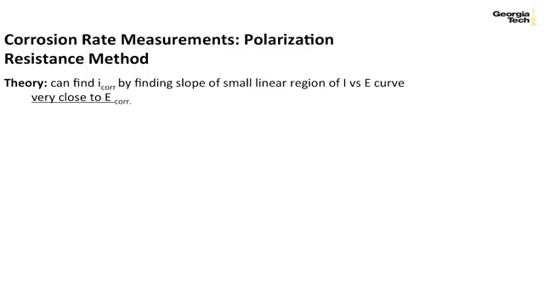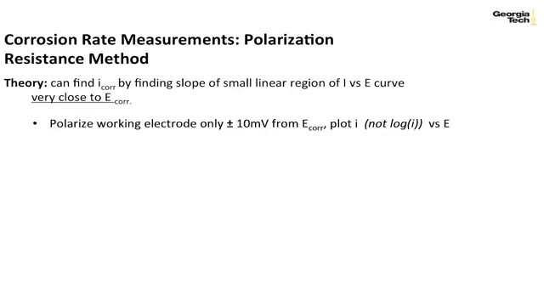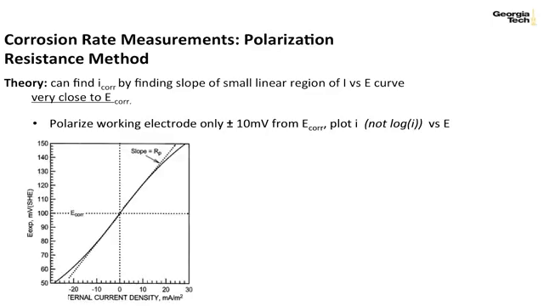The second method to do the same is called the polarization resistance method. In this method, we don't have to polarize to hundreds of millivolts to get into the Tafel slope. Instead, we polarize our working electrode only about plus and minus 10 millivolts from E corrosion, and we plot current, not the log of current density, versus potential.